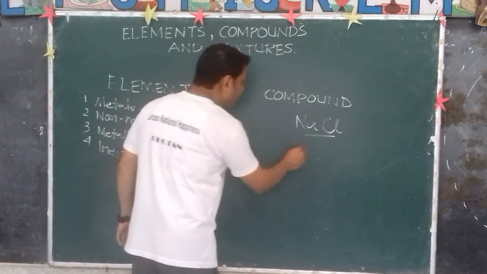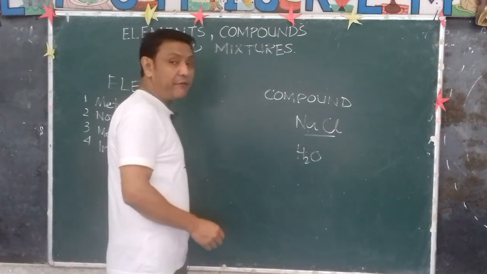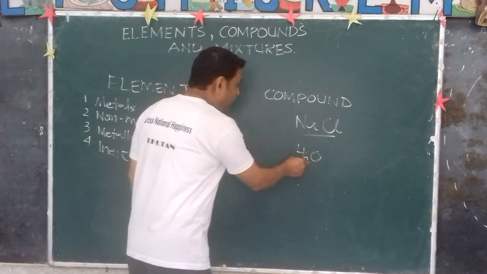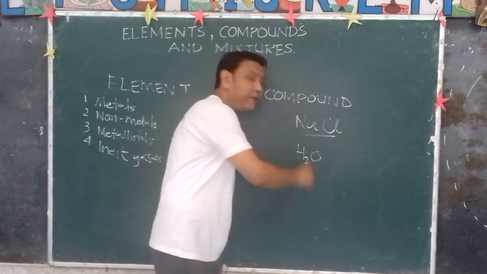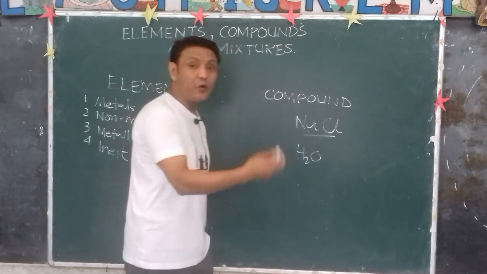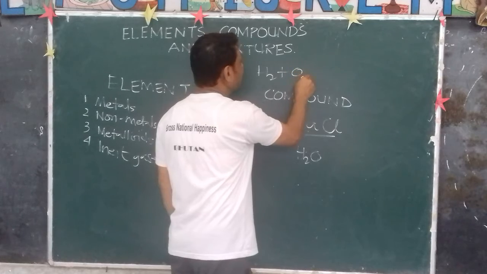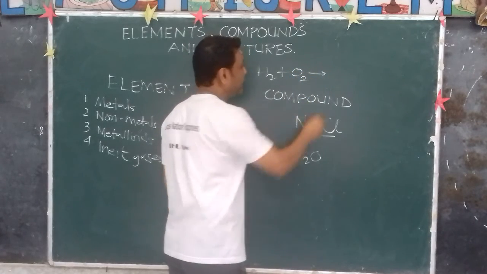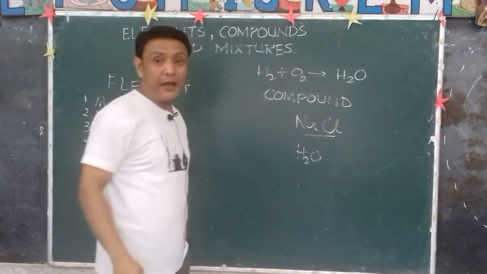Similarly, when we talk about water, another compound, a simple compound that we use every day, it is made up of hydrogen, a gas, the lightest gas, and oxygen. Both are gases. So when the hydrogen and the oxygen combine together, it forms a totally new substance, that is water, which is a liquid.